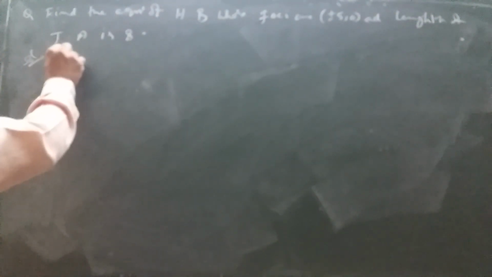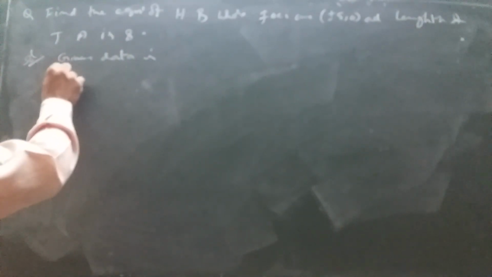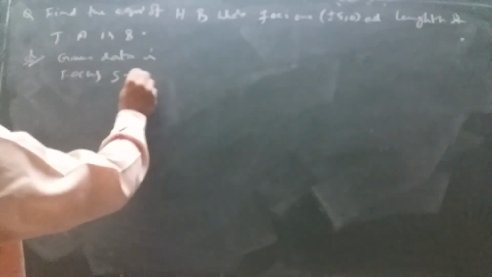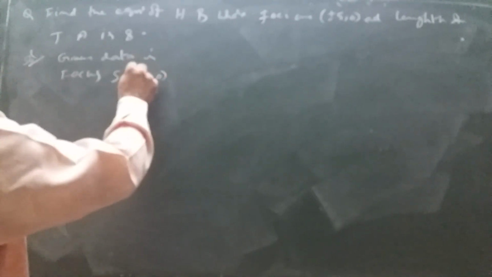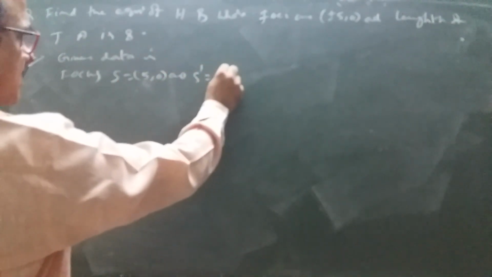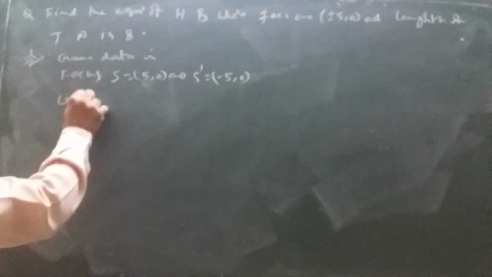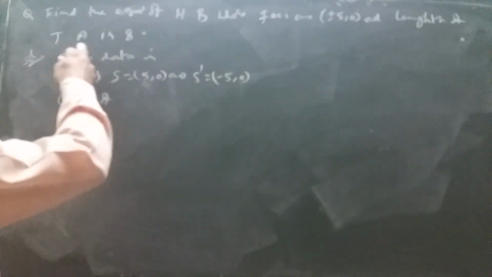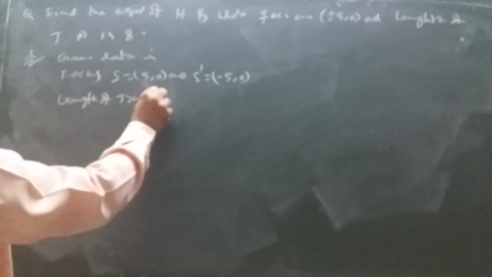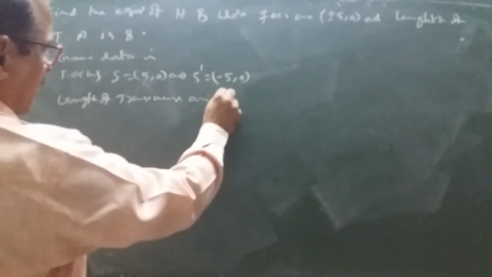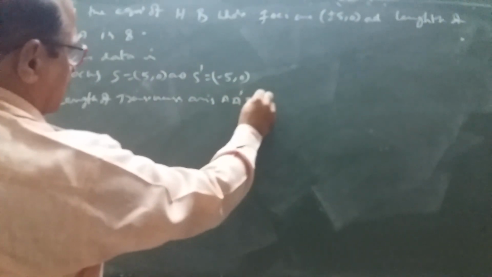That means given data is foci. That means focus may be taken as S is equal to 5, 0 and S dash may be taken as minus 5, 0. Then length of transverse axis AA dash is given with 8 units.